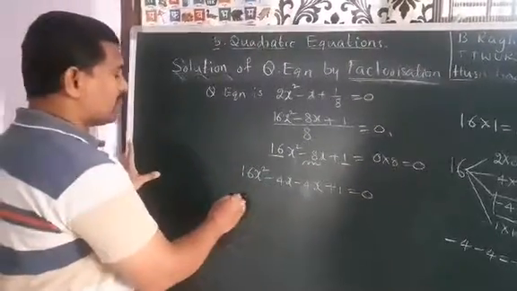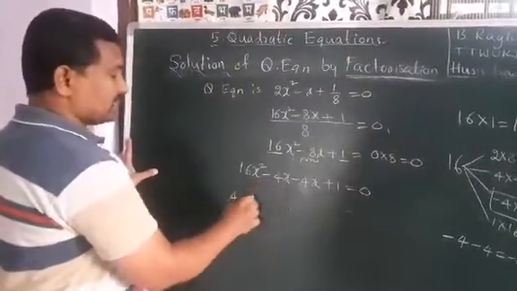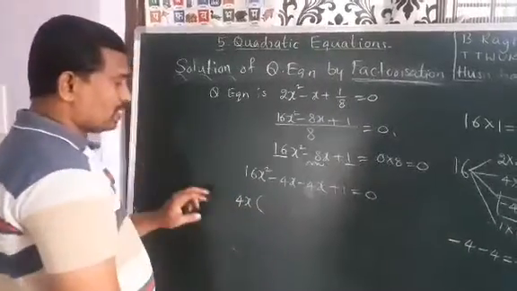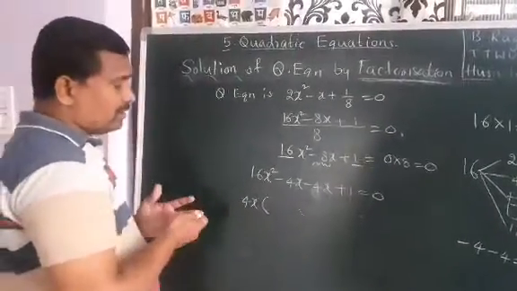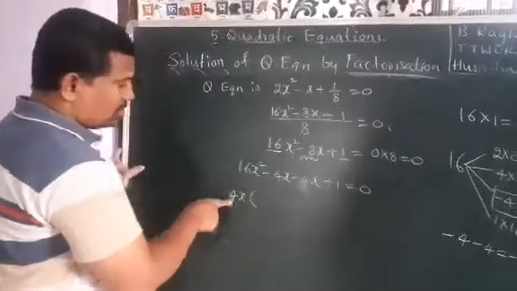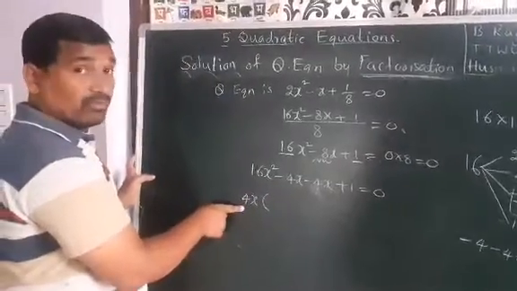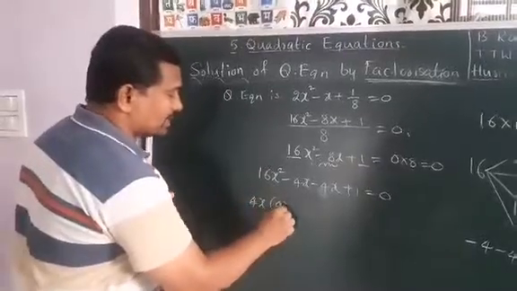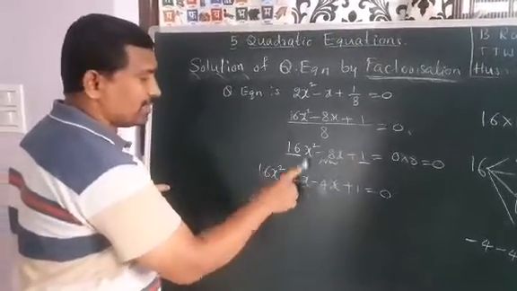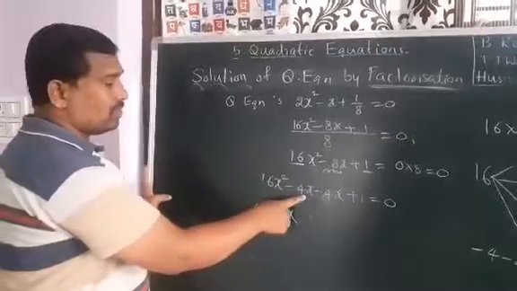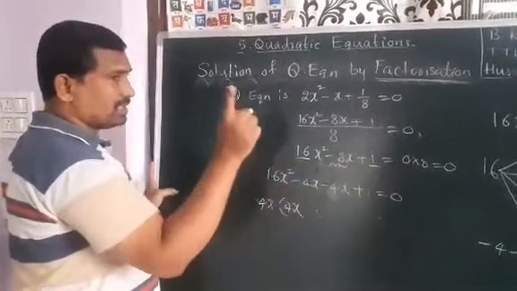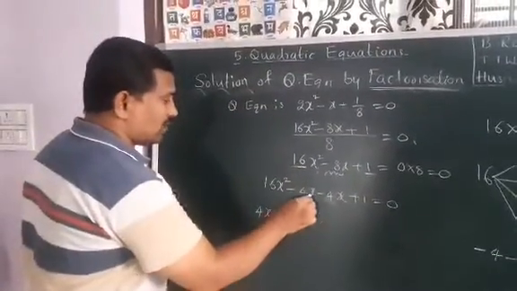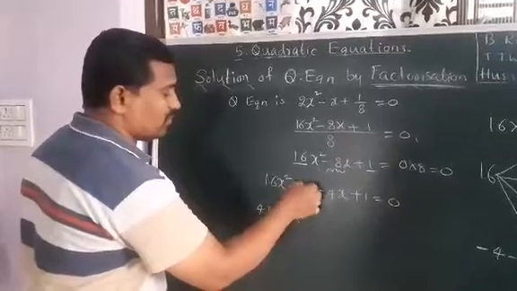So 4 is a common factor, and x square, x is a common factor. Now, if you have doubt, divide. 16 goes in the 4 table, 4 4s, 4x remaining. Taking 4x common, remaining 4x into 1.